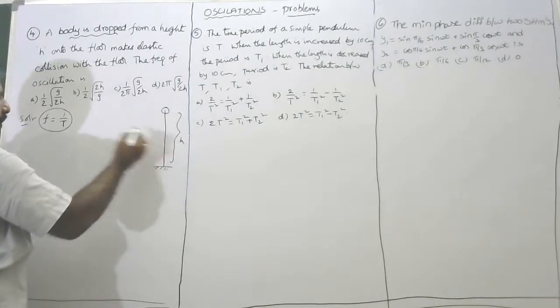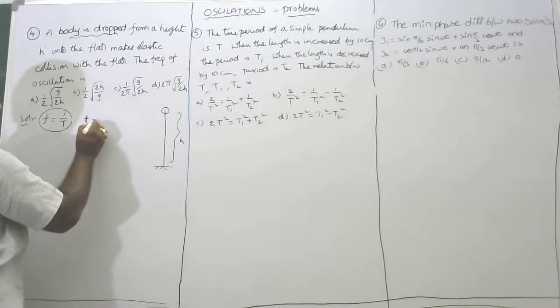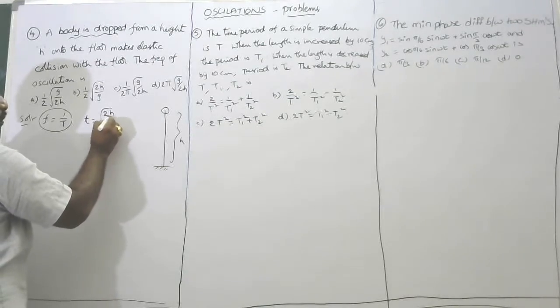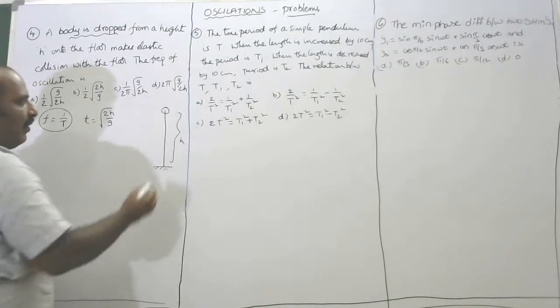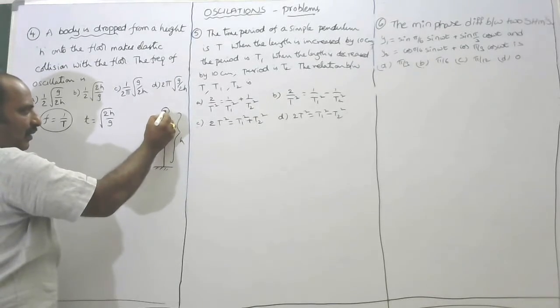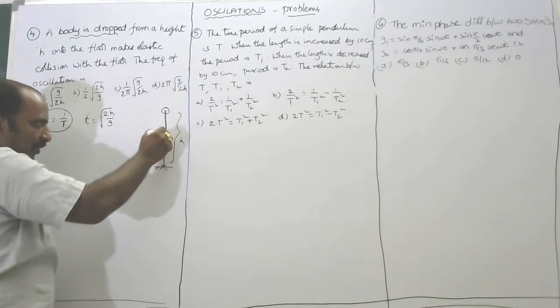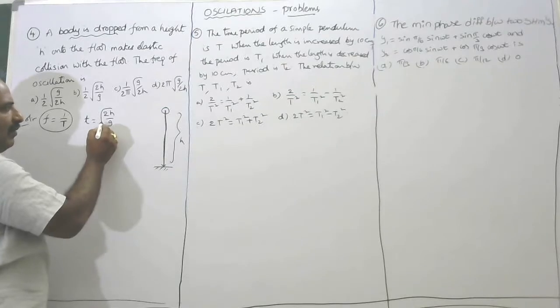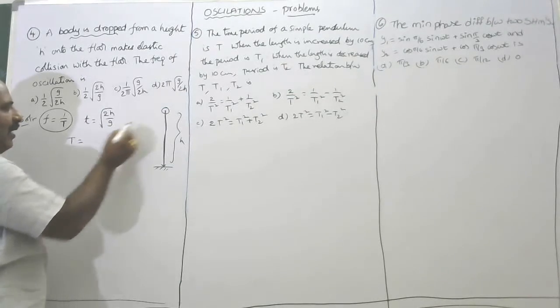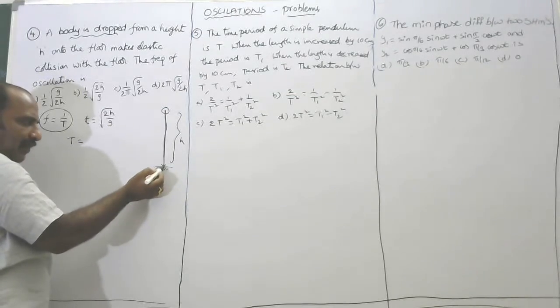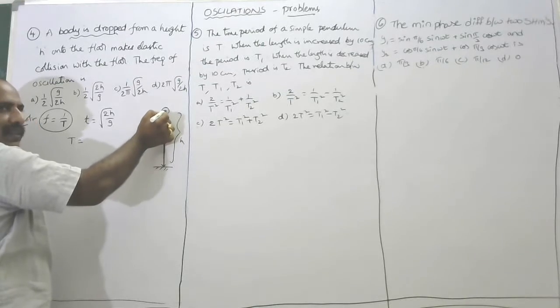In this case, time of descent, small t is equal to under root of 2h by g. You know, that means the time taken by the body to reach the ground floor from a certain height. So this is the time of descent. But I want the time period. Time period means again the body reaches the same point.